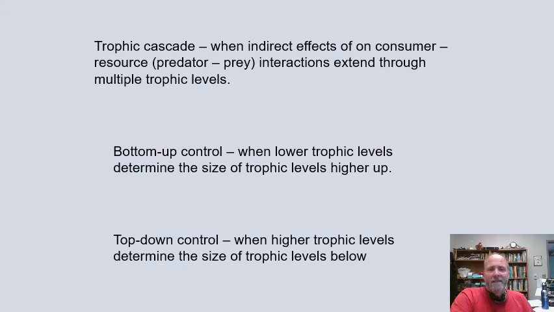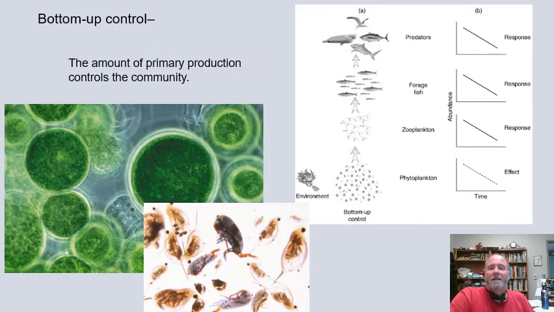But as we've just discussed, there's also this bottom-up control, where how much primary productivity there is controls all those upper trophic levels. So more primary productivity means there are more herbivores, which means there are more predators. Okay, so we see this going back and forth. There is a mix between these two.